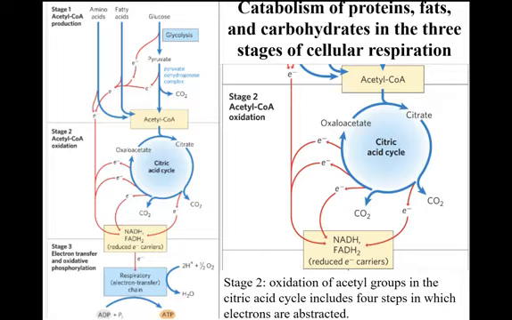What we are going to discuss now is the oxidation of acetyl coenzyme A, which ends up producing NADH and FADH2, electron carriers that will eventually reduce oxygen into H2O, and will also facilitate the production of ATP.